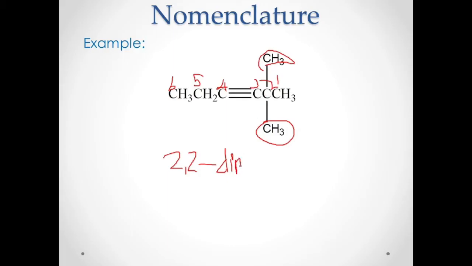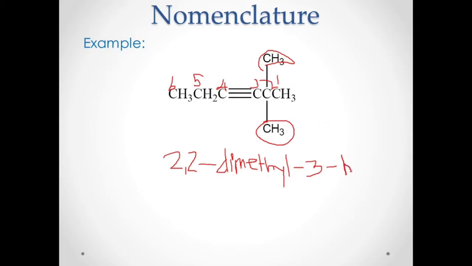An alkyl, which is a methyl. So that becomes 2,2-dimethyl. Then your parent compound, on carbon number 3, is an alkyne. What alkyne? It is a 6 carbon, so that is a hexane.